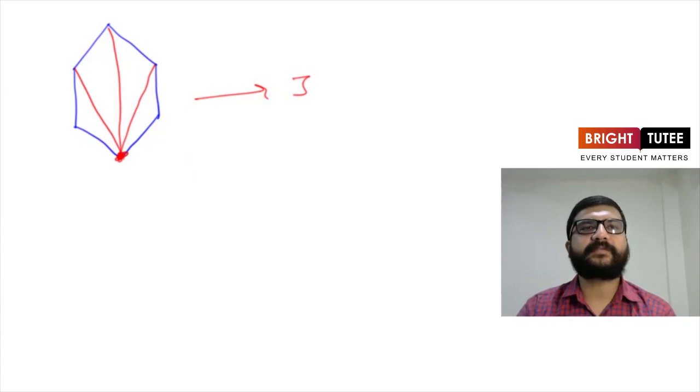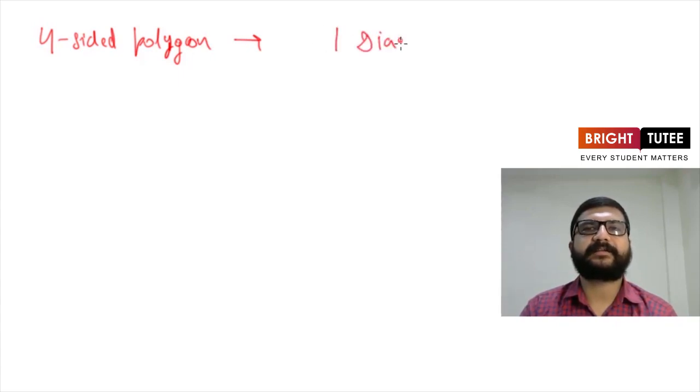If you observe carefully, for a quadrilateral, that is a 4-sided polygon, the number of diagonals was 1. It had only one diagonal.